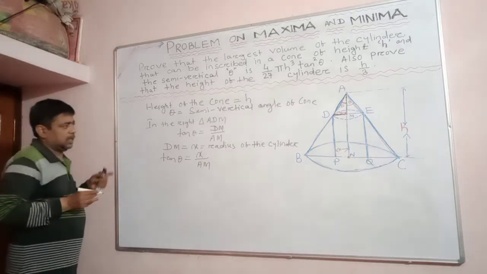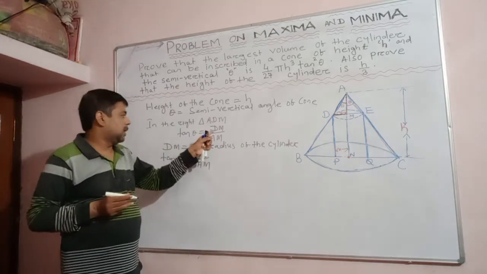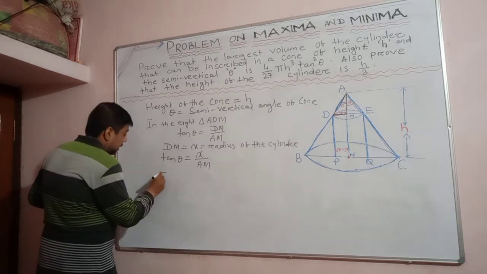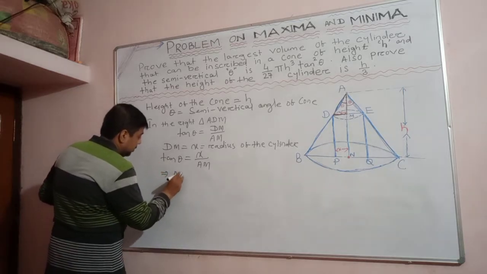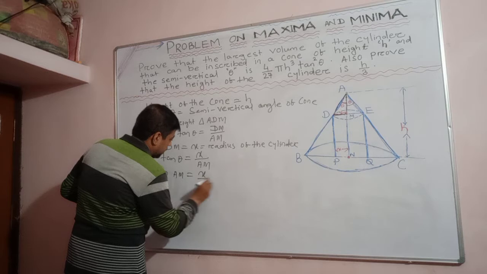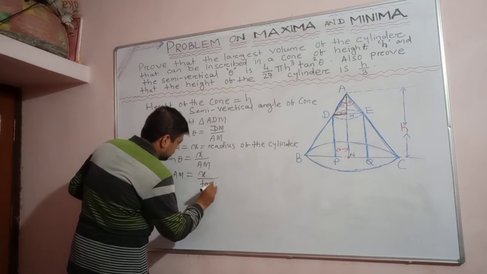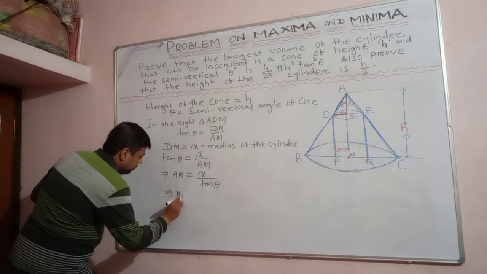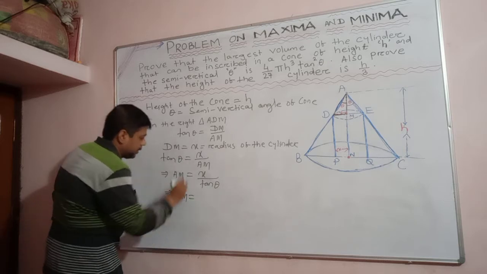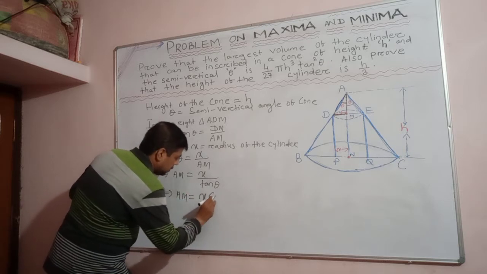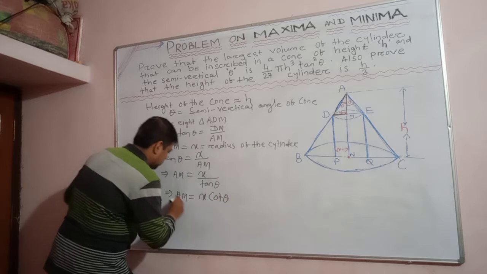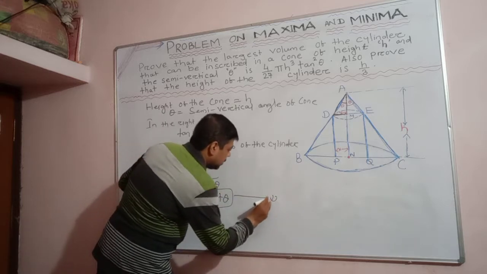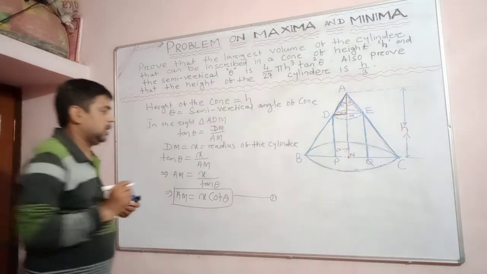So tan theta is equal to DM, the value of DM is x, the radius of the cylinder, by AM, so that implies AM is equal to x upon tan theta, which is x cot theta. So we got AM is equal to x cot theta.